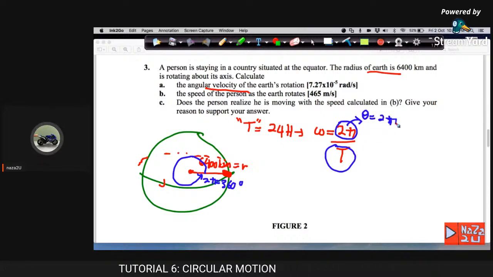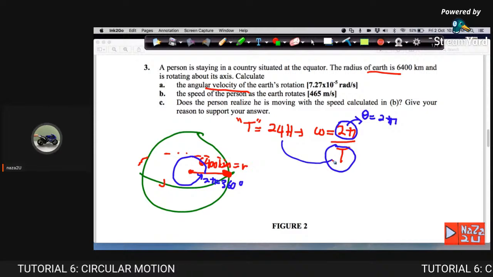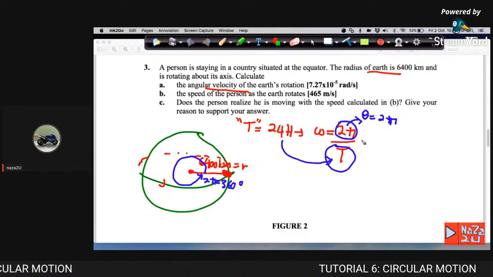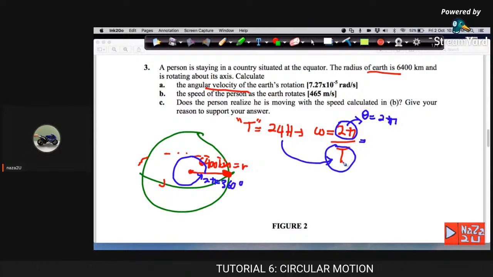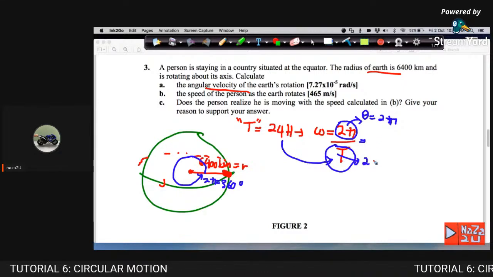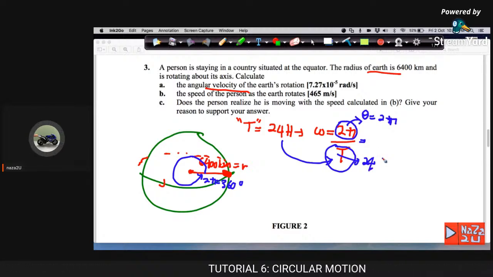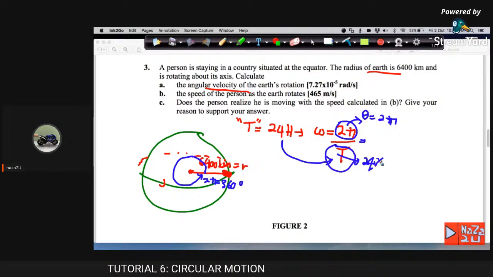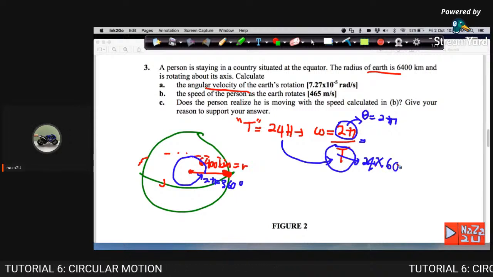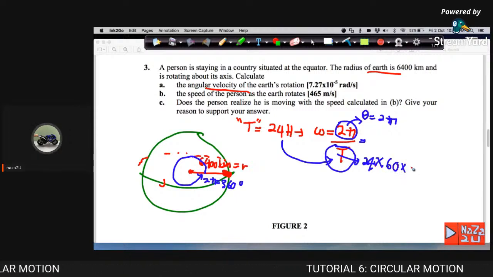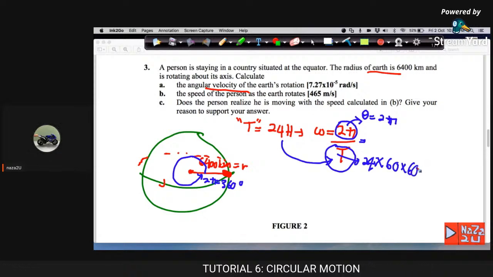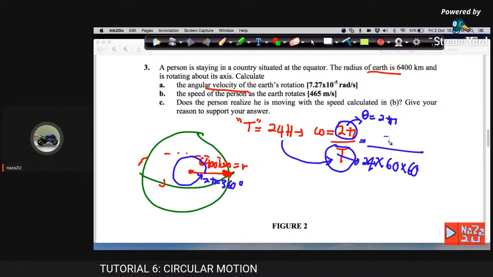And the period of T, as I said, one complete oscillation is equal to 24 hours. But the SI unit, because we have a second, so meaning here, you must use a 24 hour, okay, 24 hours, okay. Dan kita tahu dalam jam, satu jam kita ada 60 minit. 1 minute we have a 60 second. So now we have this is a 2 pi.